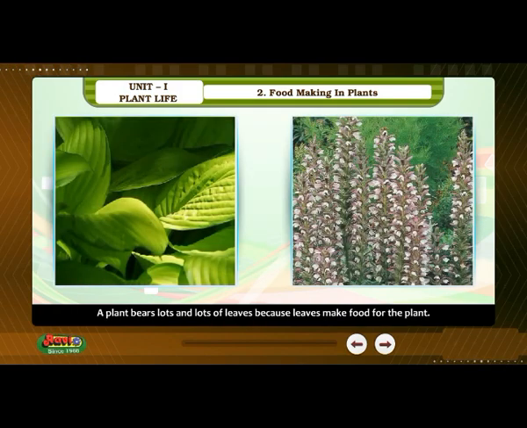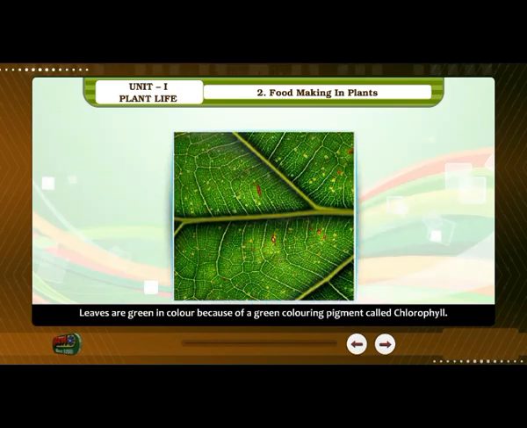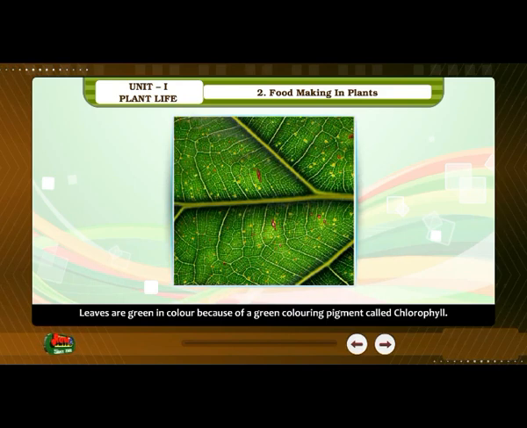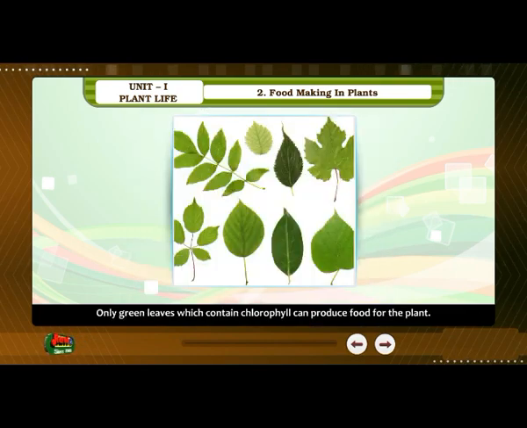A plant bears lots and lots of leaves because leaves make food for the plant. Leaves are green in color because of a green coloring pigment called chlorophyll. Only green leaves which contain chlorophyll can produce food for the plant.